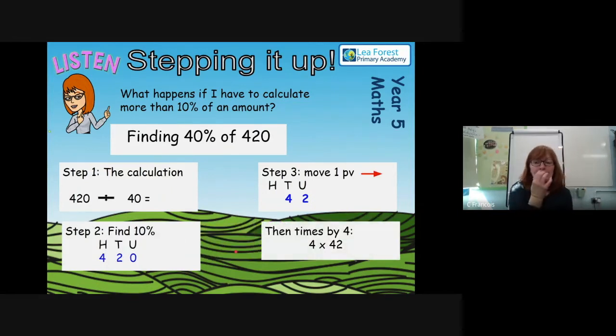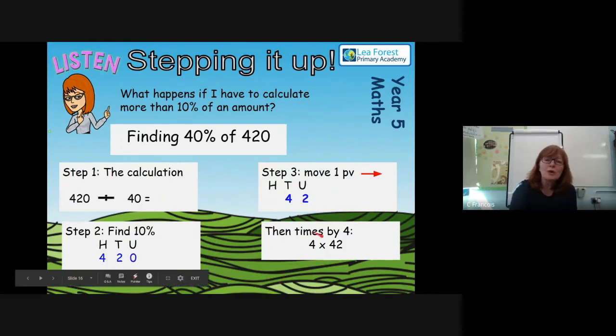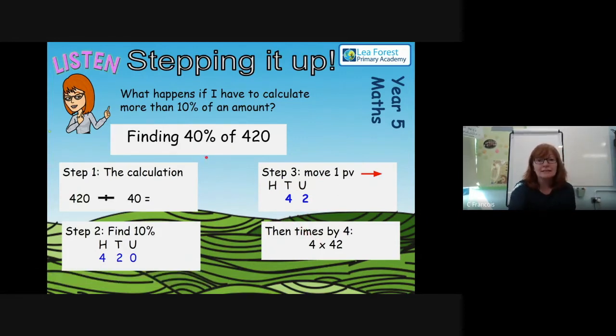So I then have to multiply 42 by 4. The reason I multiply it by 4 is because I wanted 40%. I found 10% here, but I want 40%, and there's 4 lots of 10 in 40%.